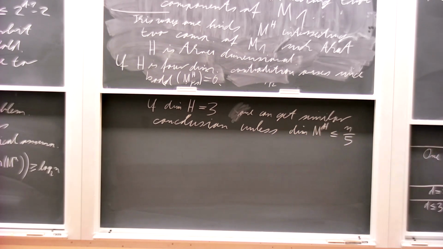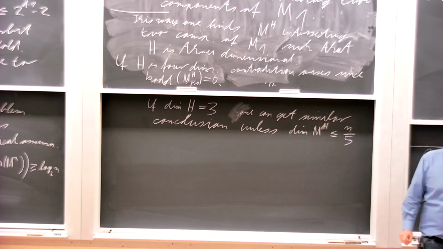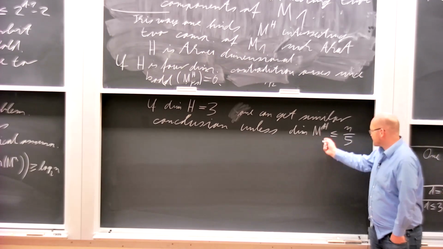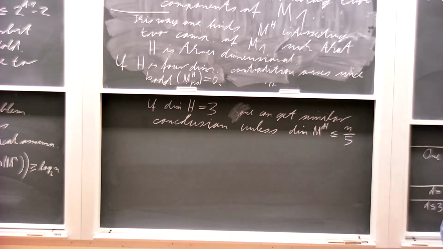We can actually do a little bit better. So the dimension has to drop at least by a factor of 5. Otherwise, we can actually deal already with the 3-torus, and the 3-torus does all the job. So if the fixed point component of the 3-torus has 1/5 of the dimension of the total space, then we actually know that the fixed point component is a rank 1 symmetric space.